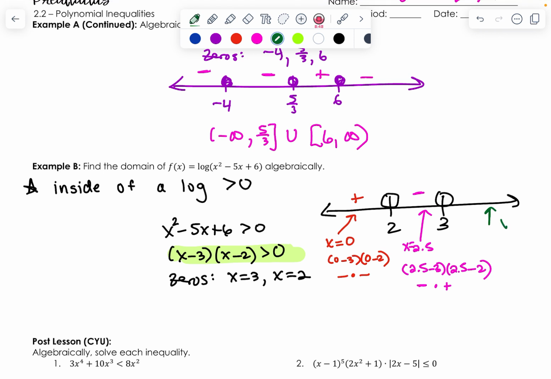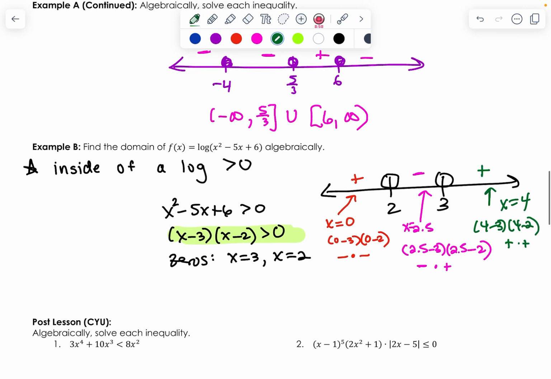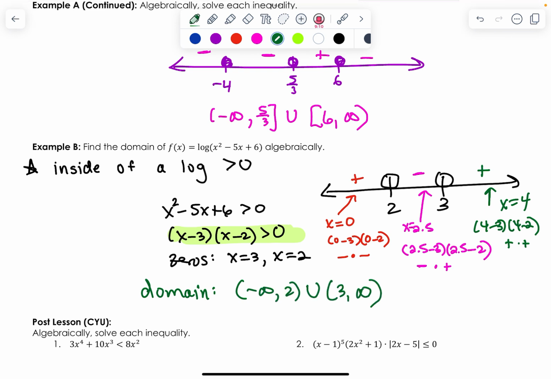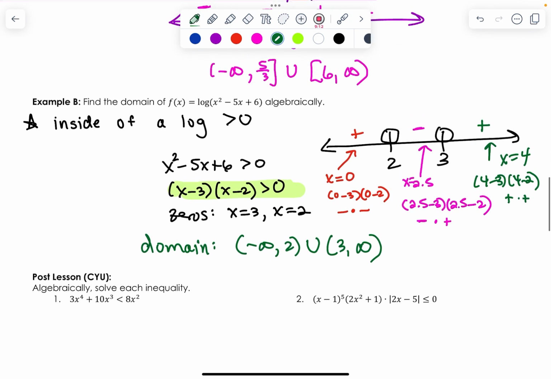Then let's pick, say, x is 4. So I get 4 minus 3, 4 minus 2. A positive times a positive is a positive. So the domain then is everywhere I see the plus. These circles are open, so it's -infinity to 2 with a parenthesis, union 3 to infinity. All right, there you go.